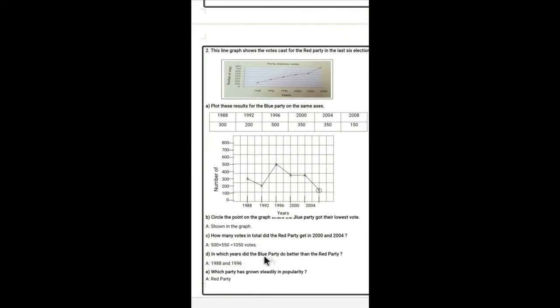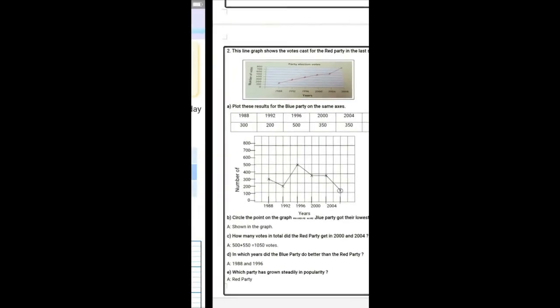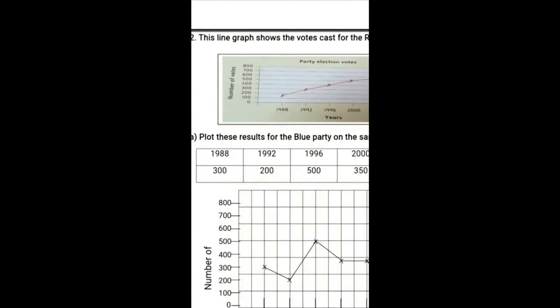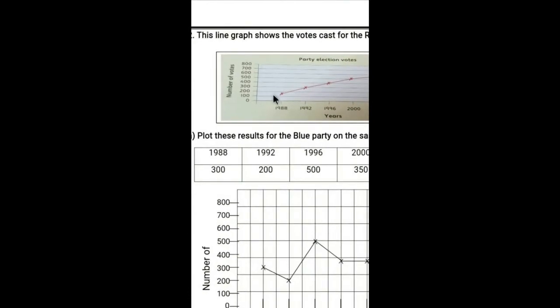In which year did the blue party do better than the red party? If we compare 1988, you can see that could be very easy for you if you follow the information. The red party was approximately 150 in 1988, but the blue party was 300.